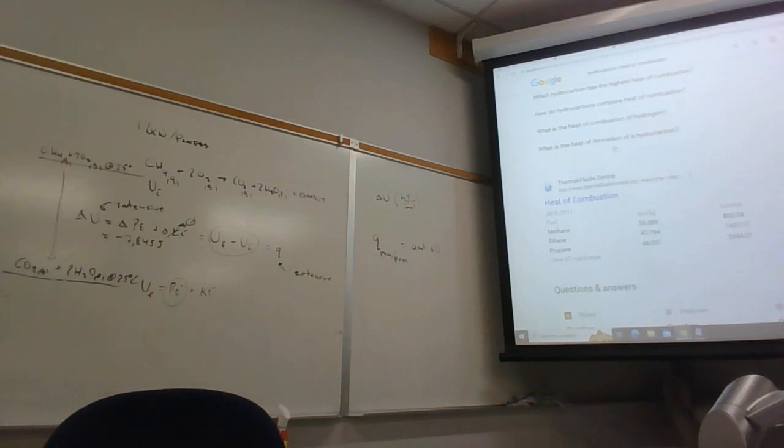But who did the work? So that's why I'm going to label this here. So if W of the system is greater than 0, then W of the surroundings must be less than 0.